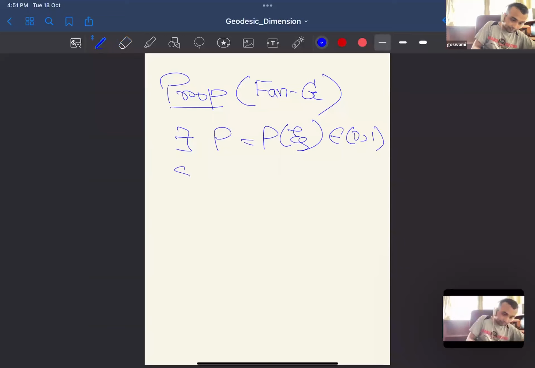Such that for any collection of disks, and then the bigger disks, and then the big good.